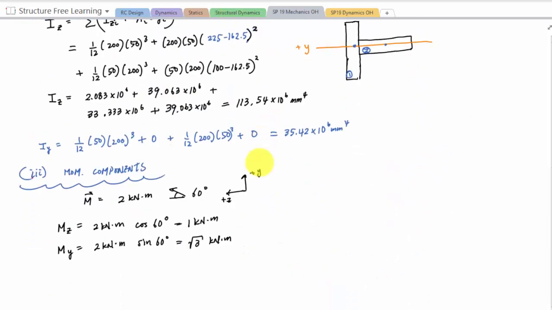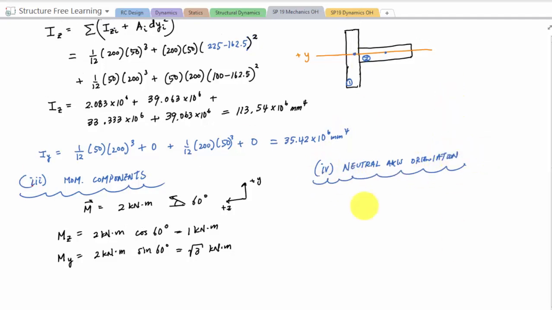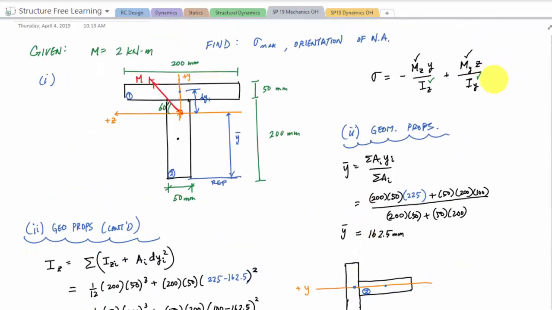So here, 1, 2, 3, 4, the neutral axis orientation. Now, this relationship was derived based on setting this equation equal to 0 and then looking at the ratio y over z.